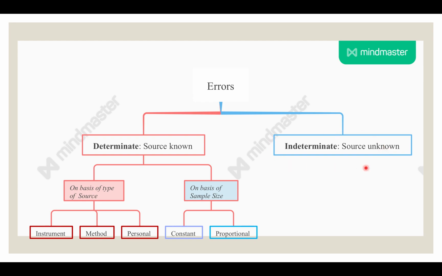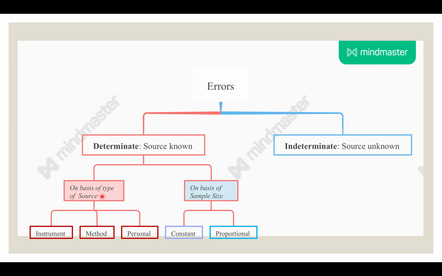So these are pretty much the errors which we usually are not able to correct or avoid in most of the scientific experiments. Determinate error can be further classified on the basis of their source or on the basis of their sample size.